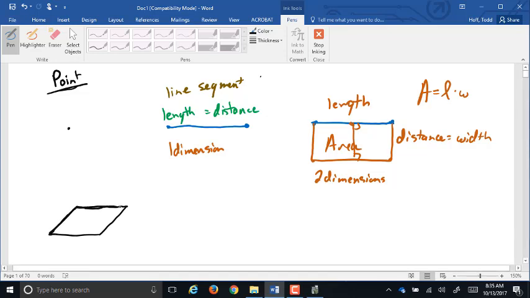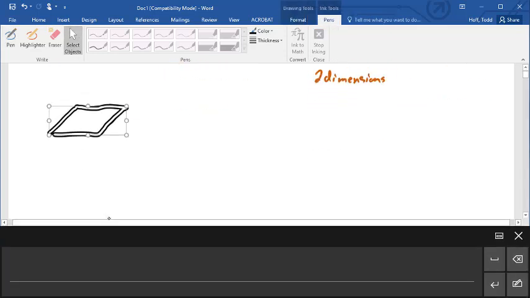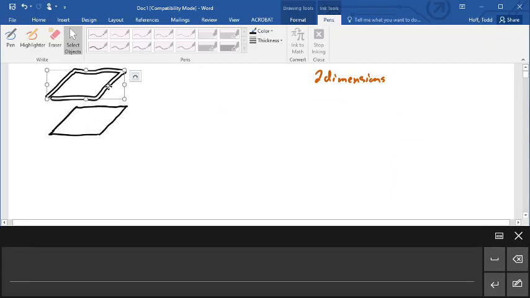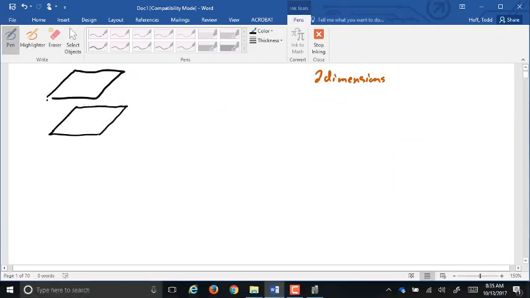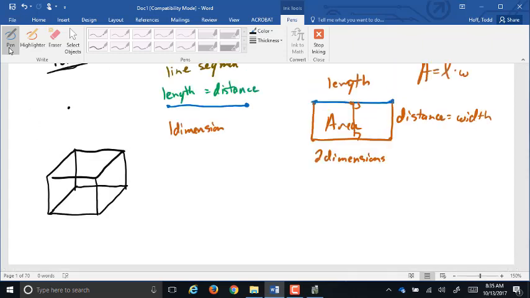And we are going to move it in a third direction that is perpendicular to the first two, lifting it up. And if you trace its movement through space, it forms a box. The size of that box creates a volume.